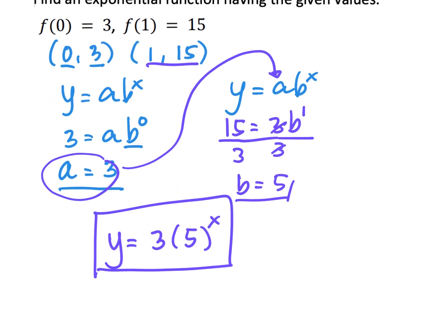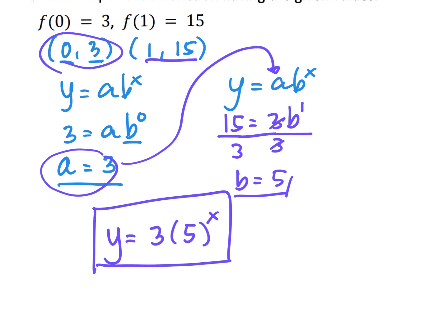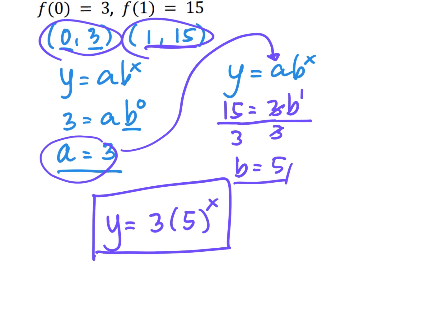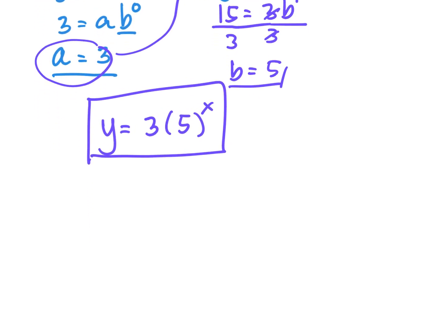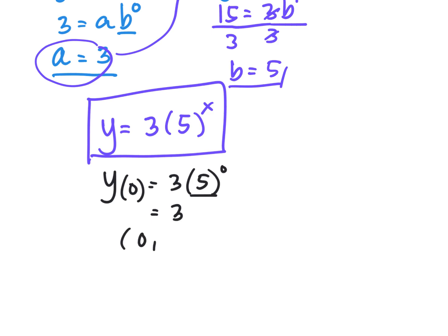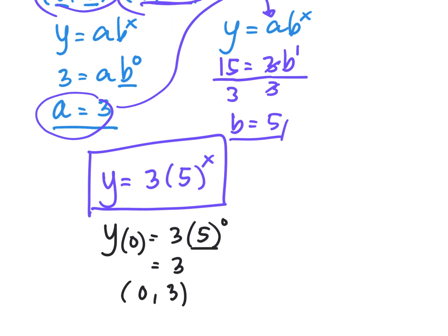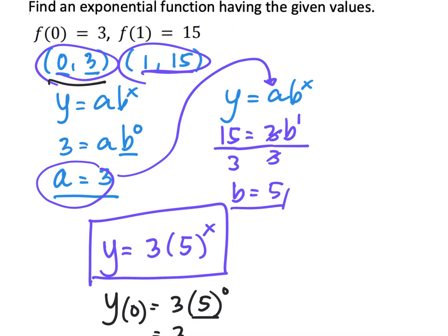Now to recheck, let's get these 2 points, 0, 3, and 1, 15. Let's put them into the equation. So let's see. y of 0 is equal to 3 times 5 raised to 0. Anything that is raised to 0 will always be 1, so that's going to give you only 3. The coordinate 0, 3 is in alignment with the given one.